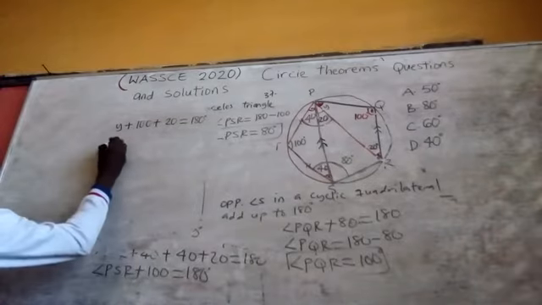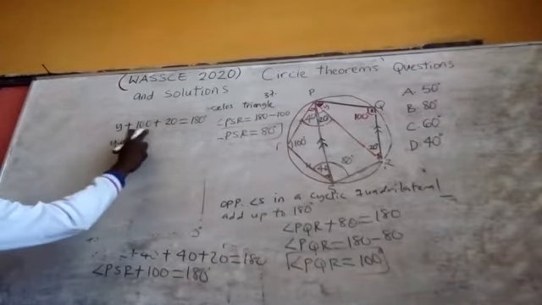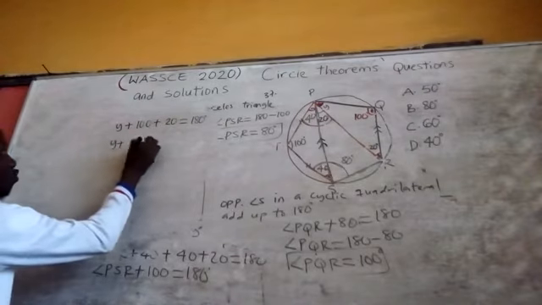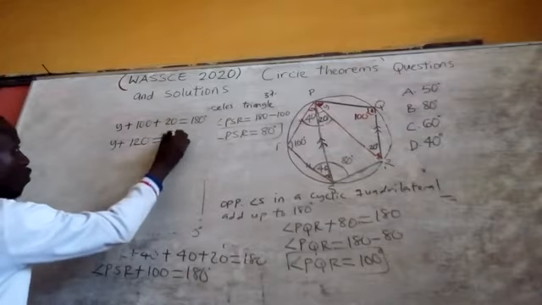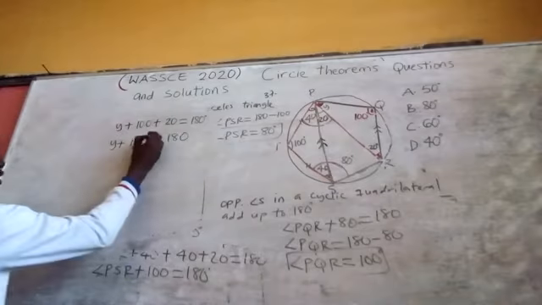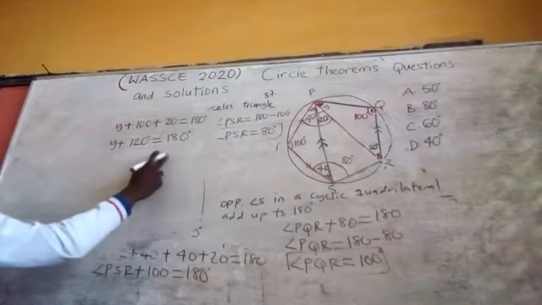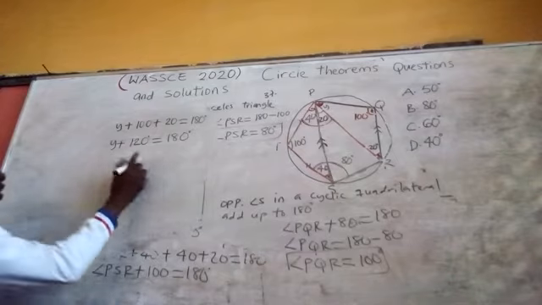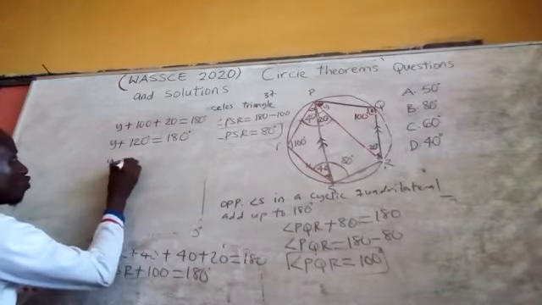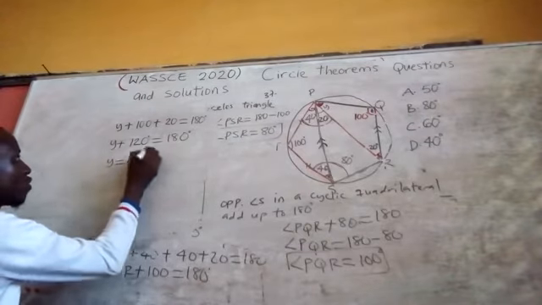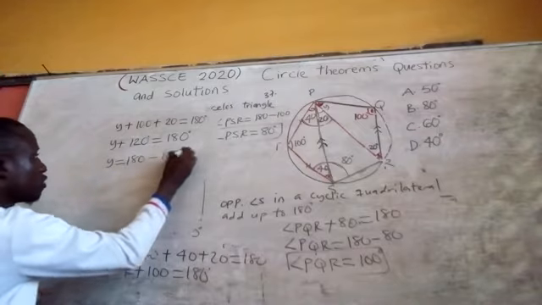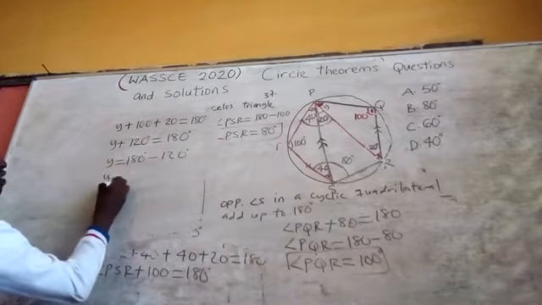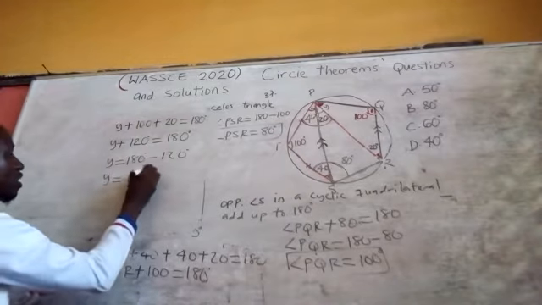So Y plus 100 plus 20 gives us 120, equal to 180 degrees. So we have 120 and the sign changes from positive to negative, so we have Y equal to 180 minus 120. So we can clearly see that Y is equal to 60 degrees.